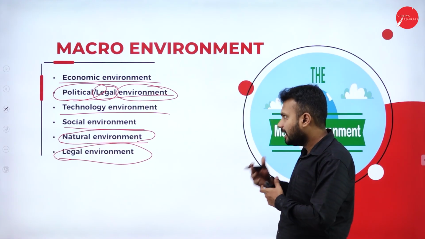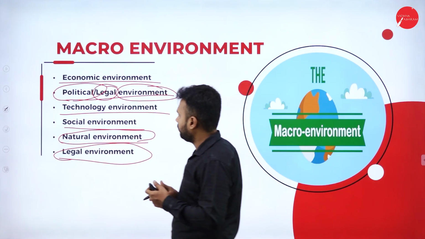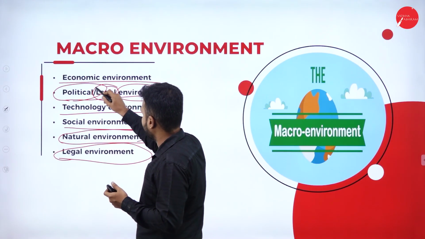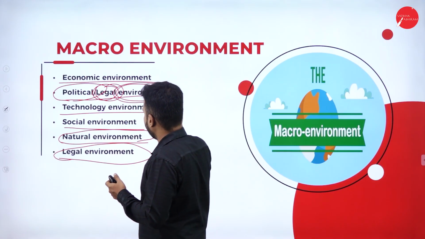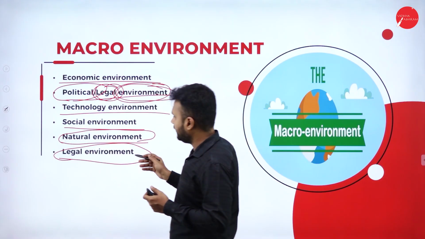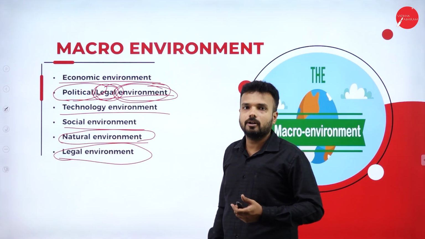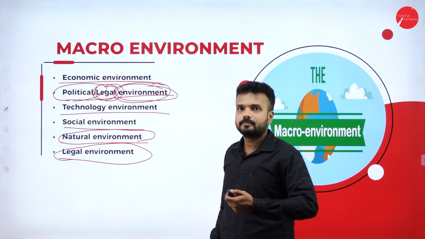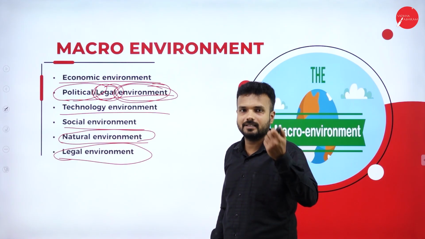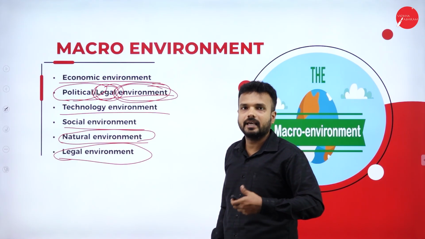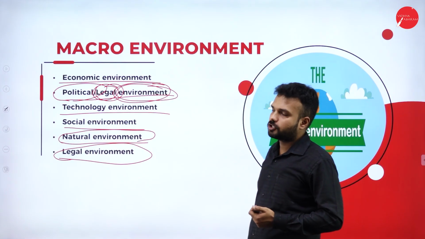So the rules and regulations that have been formulated, we had studied here itself, it is the legal environment. So it is the political and legal environment. It is about the legal laws, whether it is labor law, the Companies Act, the FEMA Act, FERA Act, or the Negotiable Instruments Act.